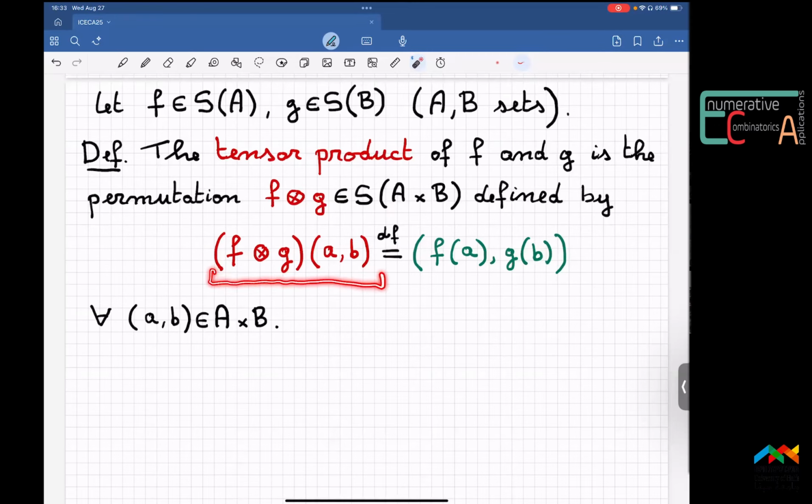F tensor G on a pair AB is just F of A, G of B. So F acts on the first coordinate, G acts on the second, for all AB.